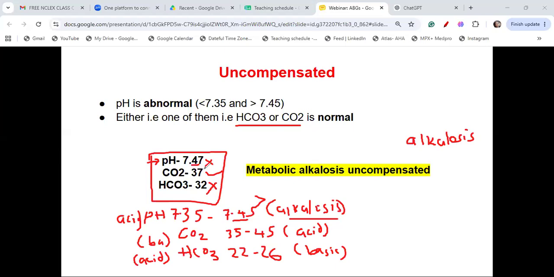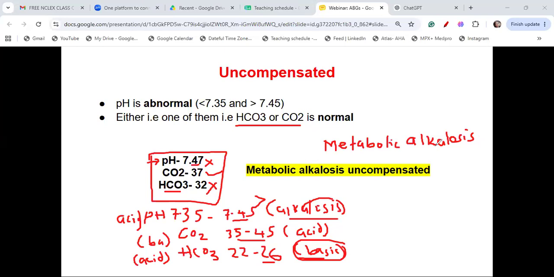Say it's either alkalosis or basic. Those are two synonymous. CO2 of 37, it is normal. So there's no issue with that. Bicarbonate of 32, where is it lying? It's lying on the basic side. So it's the one that is matching your pH. So it is metabolic.